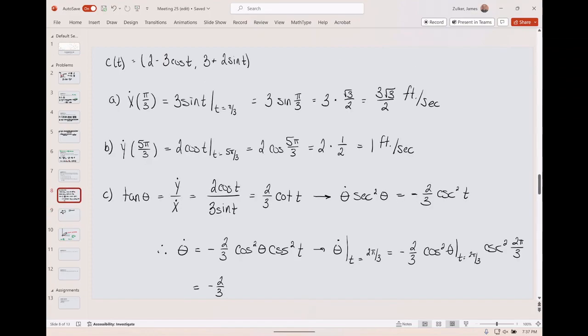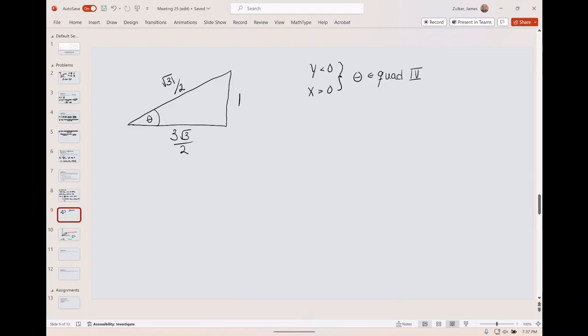That's actually going to matter because cosine's being squared. In quadrant 4, cosine is positive. So use this. Based on this information, what is cosine of theta?